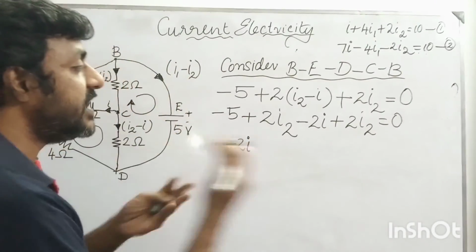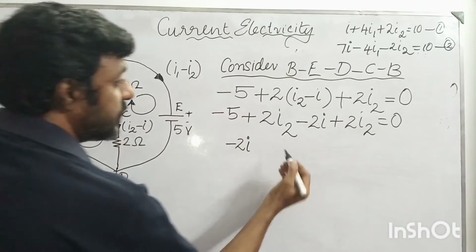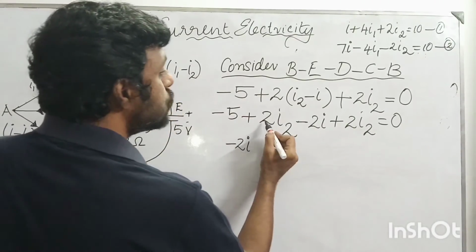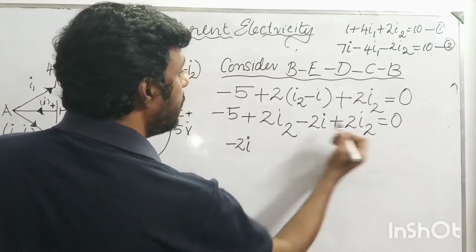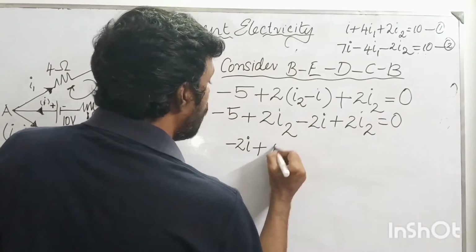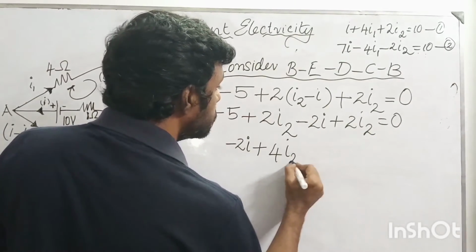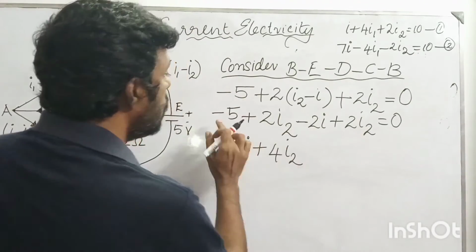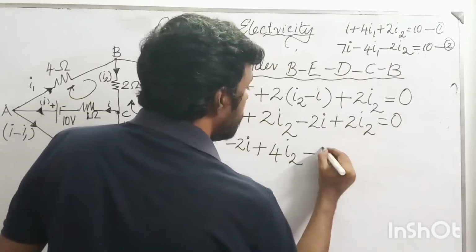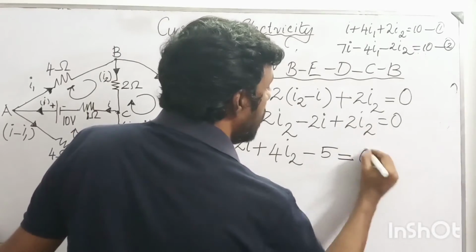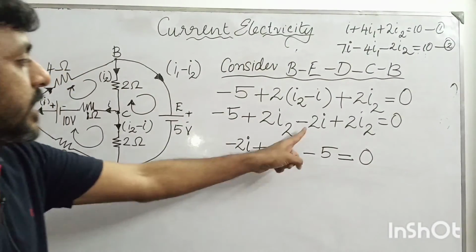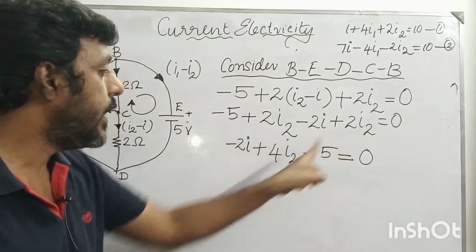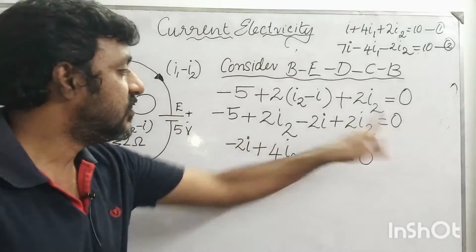You need to rearrange the terms. Minus 2I, plus 2I2, plus 2I2. So what will be the result? It will be plus 4I2. Minus 2I plus 4I2 minus 5 is equal to 0.